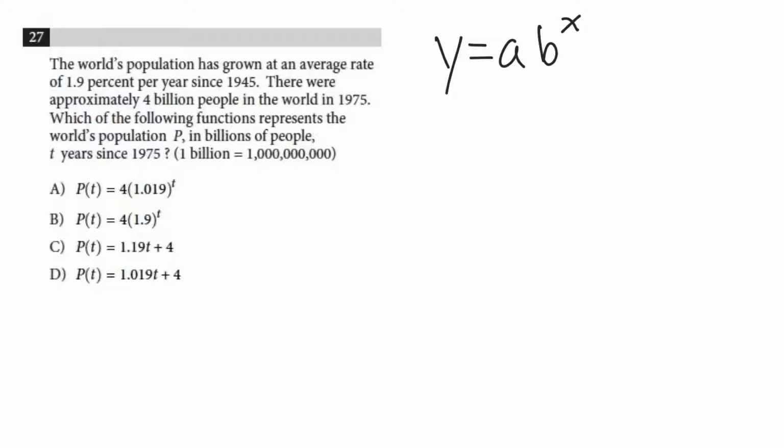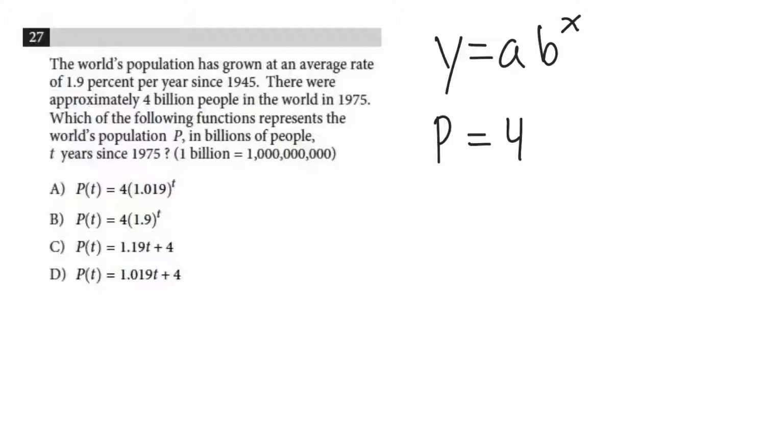So y is actually going to be P, and since we're talking about years since 1975, the starting value would be the population in 1975 in terms of billions. It's 4 billion, so I'm just going to use 4.